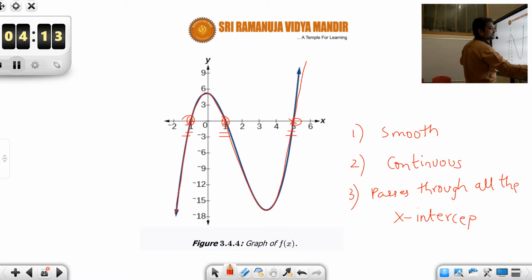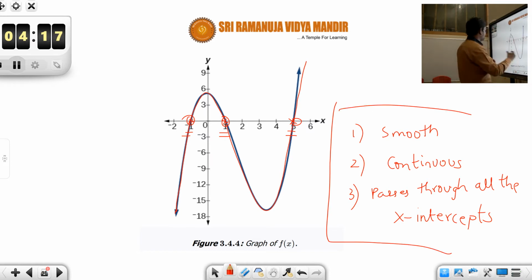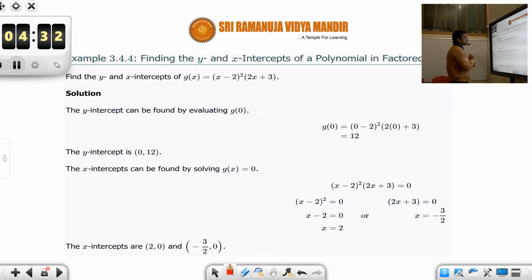So till now we have learned all these 3. Okay students, based on these 3 you can see this graph is smooth, it is continuous, and it is passing through all these 3. Now the rest, why this looks like this, we will be learning about some more characteristics in the coming lectures.